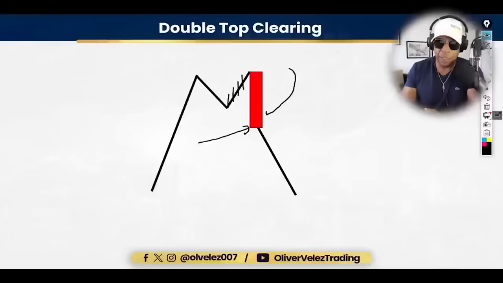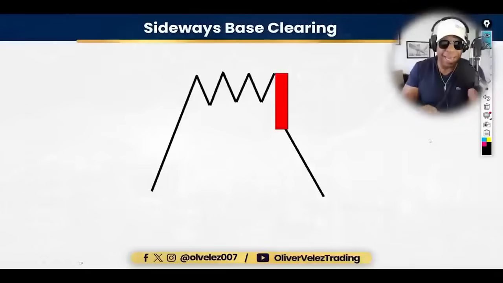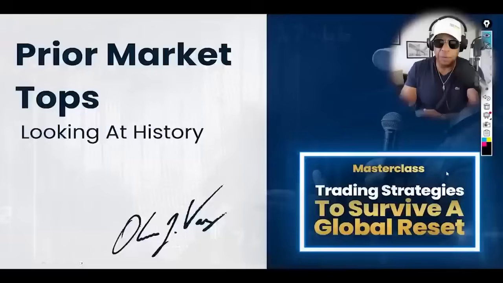All right. And you can crack this way from a sideways base, clearing through. Look to the left. You're clearing to the left. One fell swoop, clearing out data to the left. Huge follow through rate.